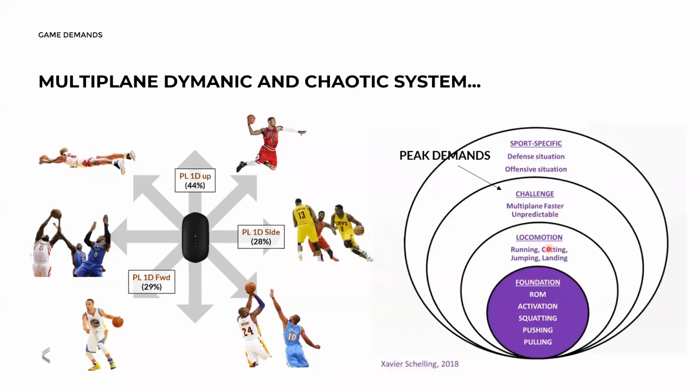Players need good biomechanical patterns, quality during running, landing, jumping. And then is where I could include tasks where players interchange these peak demands with multiple movements, unpredictable contexts, and finally apply it in a specific offense and defense situation.